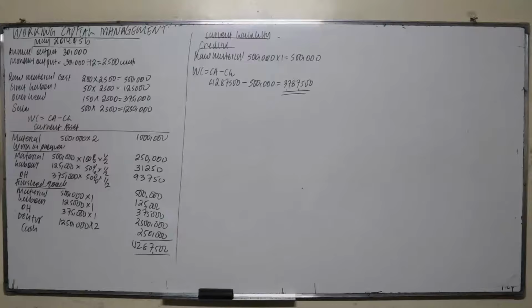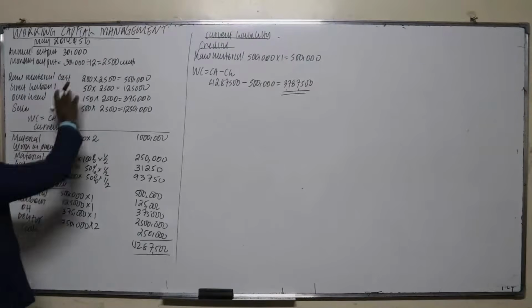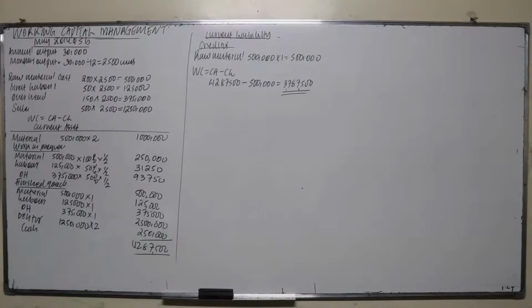Sorry? Labor does not give rise to supplier. We don't supply labor. Labor gives rise to what? Accrual in case we have not yet paid. So if you look at this element, you are told that the credit allowed to supplier. Supplier is the one who supplied the material. We don't supply labor. Labor is internal. So labor does not give rise to creditors.